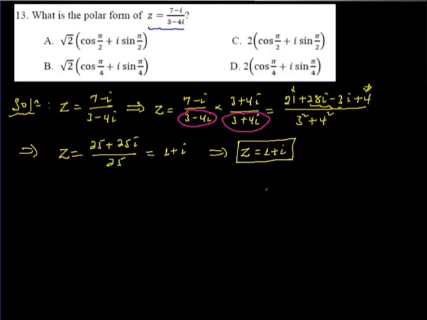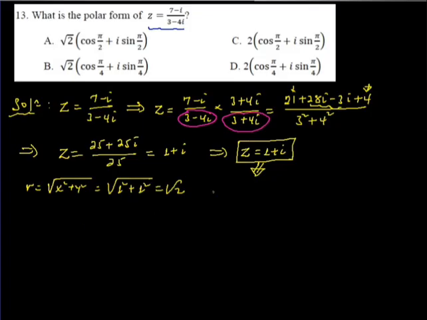The question asks for the polar form. When we want to change this into polar form, we need r and theta. R is the square root of x squared plus y squared, which is the square root of 1 squared plus 1 squared, which is radical 2.